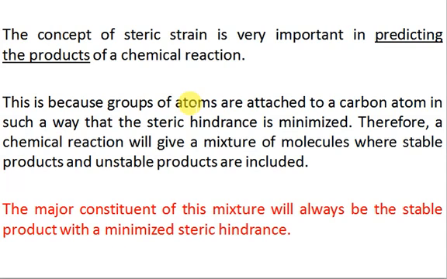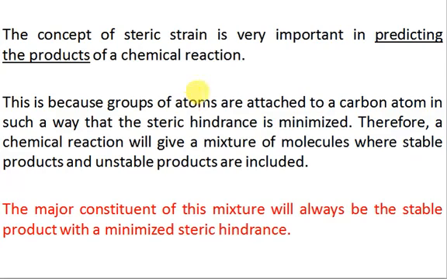Therefore the chemical reaction will give a mixture of products where stable and unstable products are formed. In certain molecules the products are more stable because the arrangement of atoms makes the molecule stable, and in some other products the arrangement of atoms does not make the molecule much stable, right?